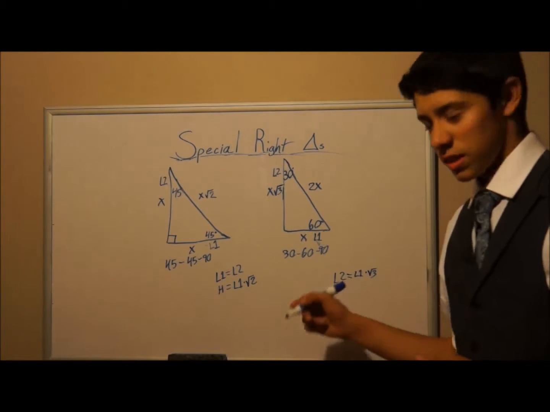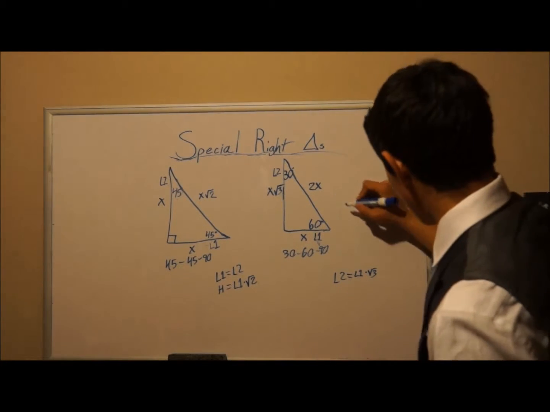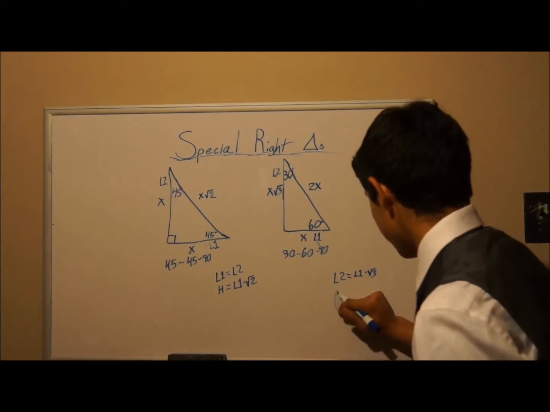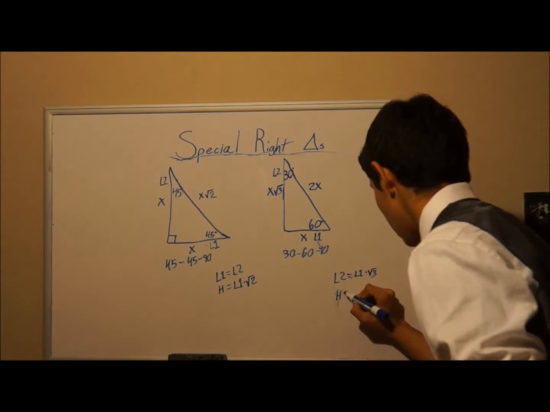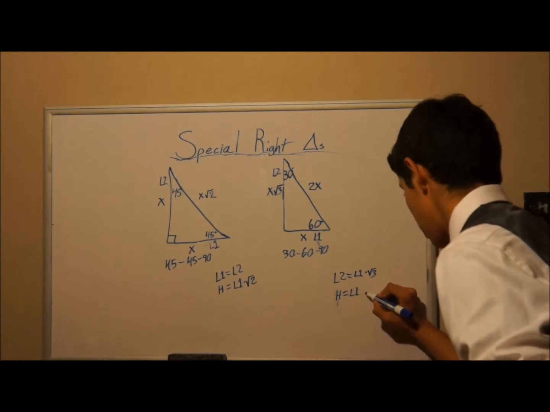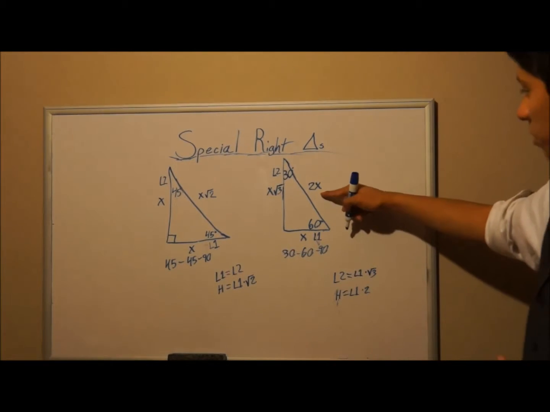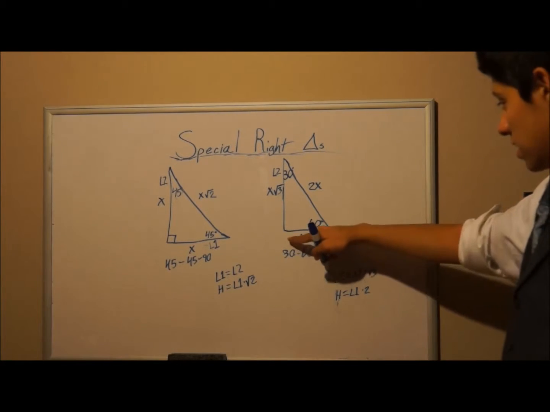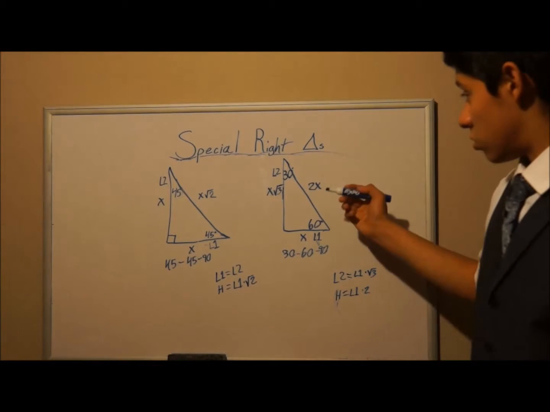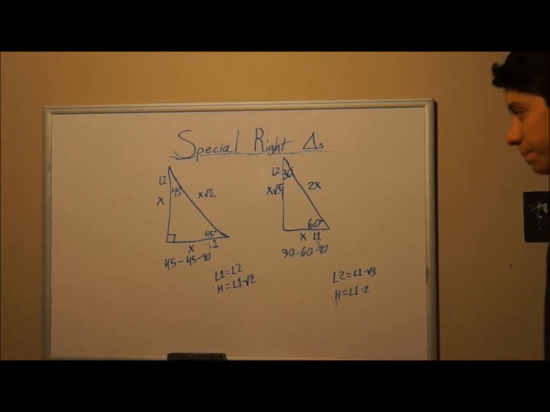In any 30, 60, 90 triangle, this will always be the answer. And we can do the same for the hypotenuse. The hypotenuse will always equal L1 times 2. So no matter what that is, the hypotenuse will always be this length times 2, and the leg 2 will always be leg 1 times square root 3.